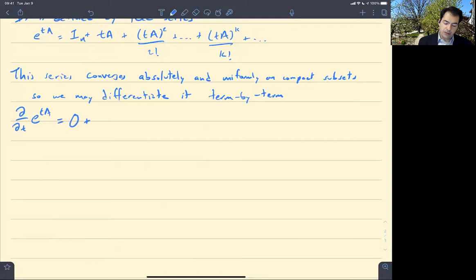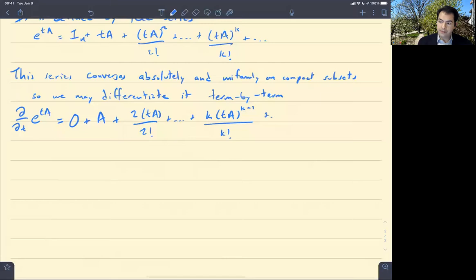The derivative of t times A with respect to t would be A. The derivative of tA squared over 2 factorial with respect to t would be 2 times tA divided by 2 factorial, and so on. For the kth term, the derivative would be k times tA to the k minus 1 over k factorial, and so on.